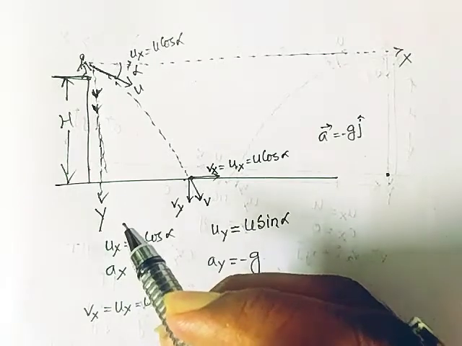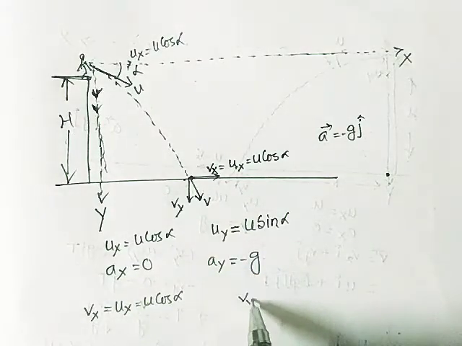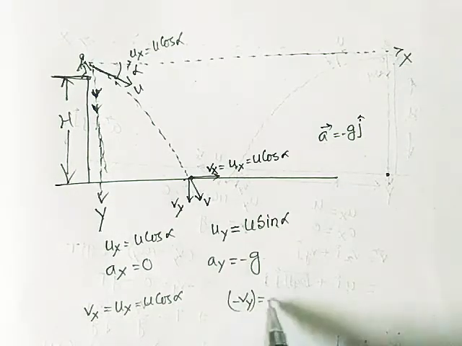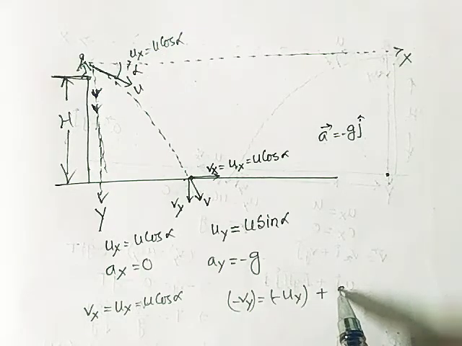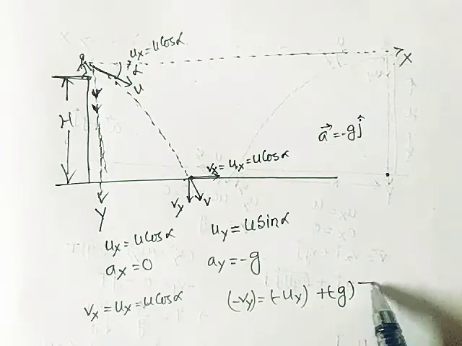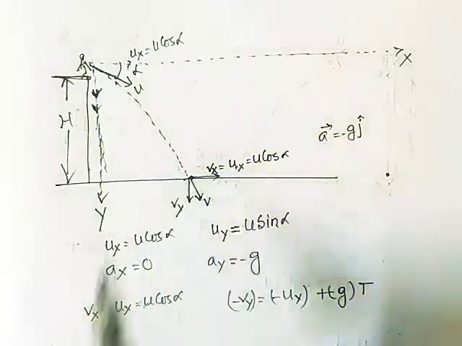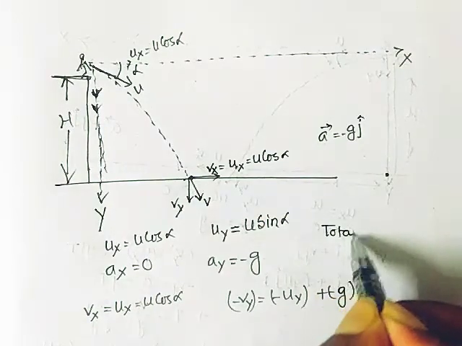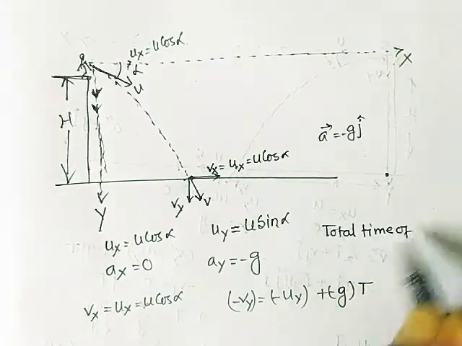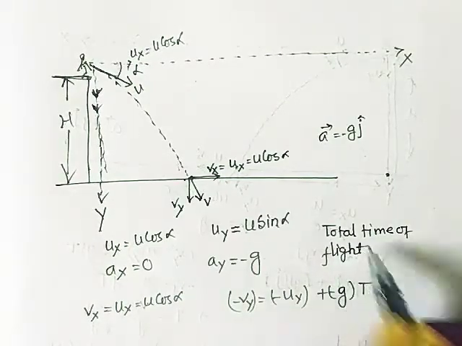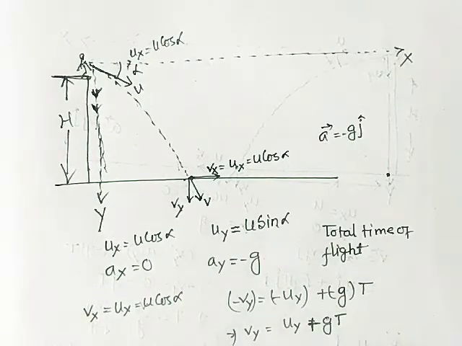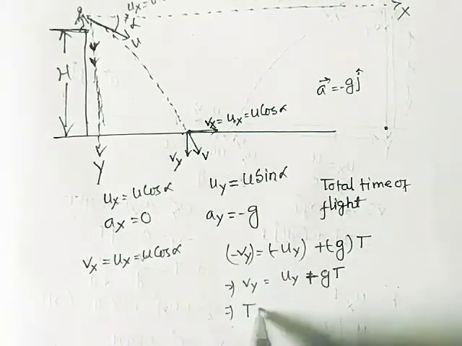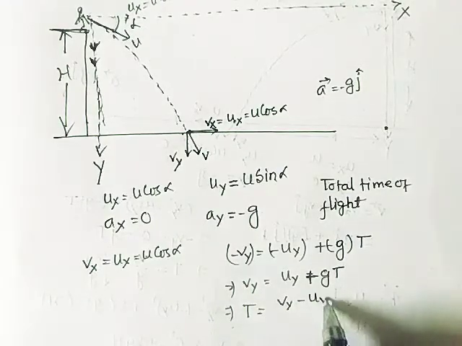So let us see what is the value of it. vy, along the negative y-axis, is minus uy plus a, which is minus g, and if capital T is the time in reaching there, that is the total time of flight, then vy equal to uy plus gt.